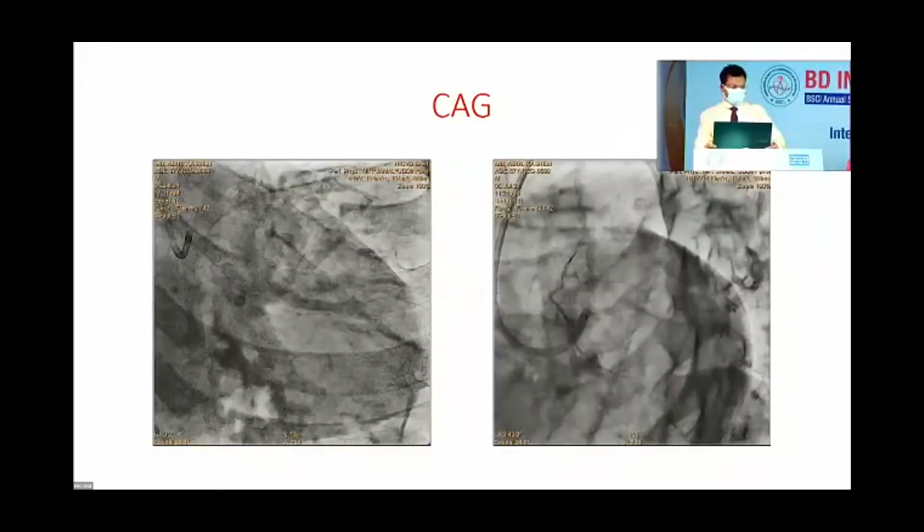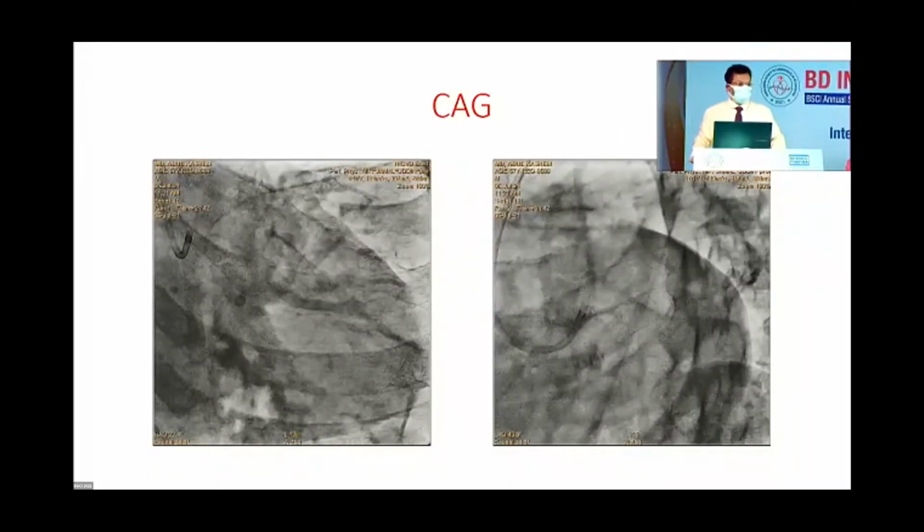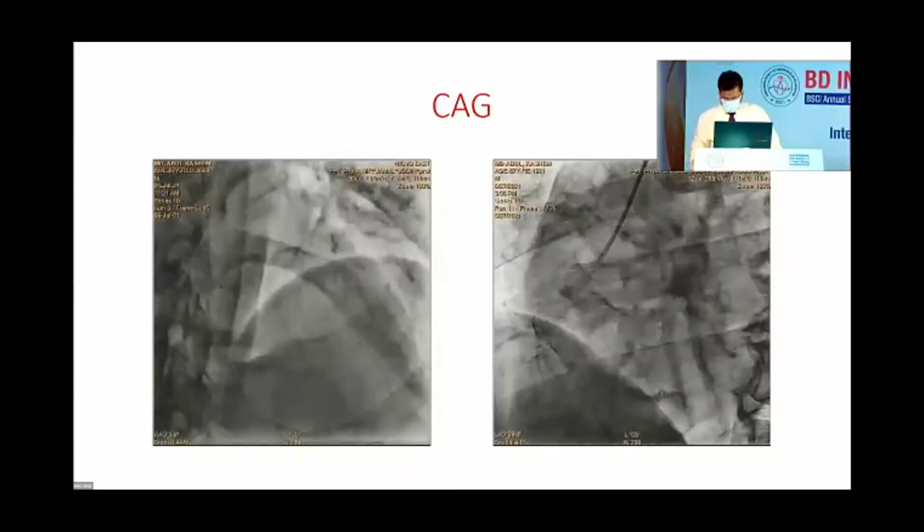I double clicked but it doesn't come. I can see in full screen anyway. Anyway, you see left system and then right system.